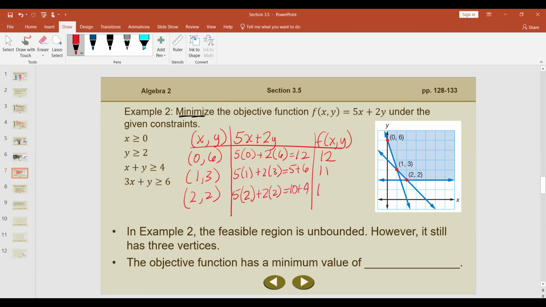So that one's 14. So that's even bigger than the others. So that means that the point that minimizes the function is (1, 3). So the objective function has a minimum value, say f of (1, 3) equals 11. There's our minimum value of 11.